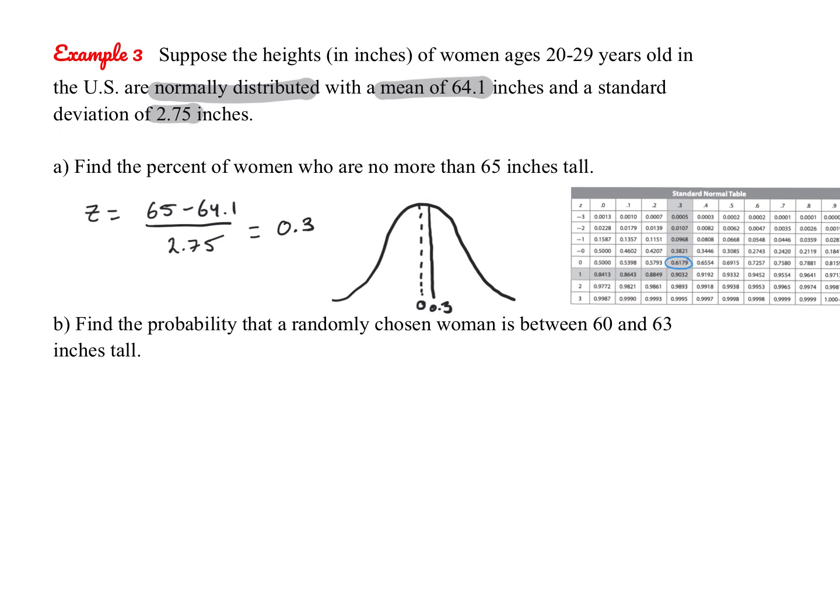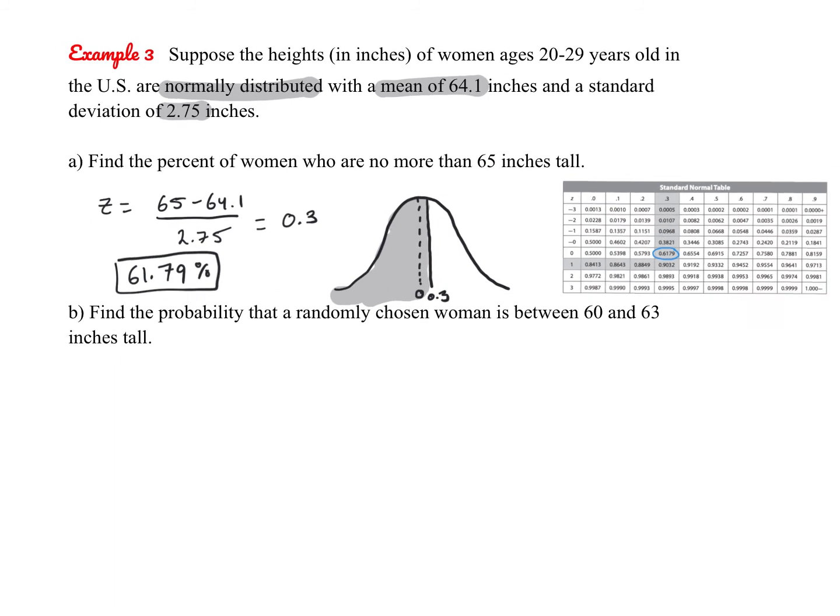So it's all of this area, which would represent the population up until this data point, which represents 65 inches tall. So this value, 0.6179, actually gives us that percentage. So it's actually 61.79% of the women are no more than 65 inches tall, 65 or shorter.